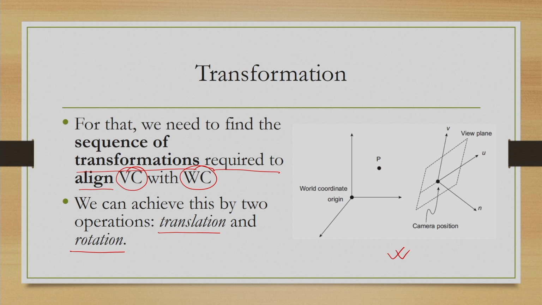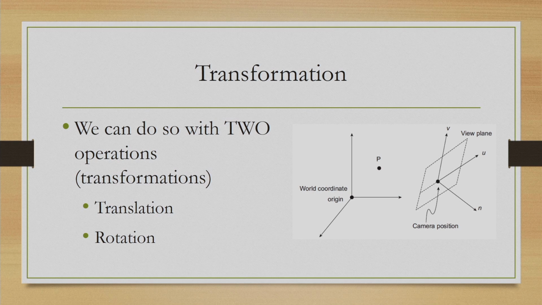The idea is simple. We translate the origin to the world coordinate origin and then rotate the system to align with the world coordinate system. So, this translation and rotation will constitute the sequence of operations we need to transform between the two coordinate systems.